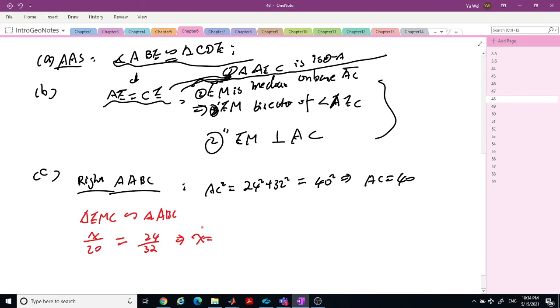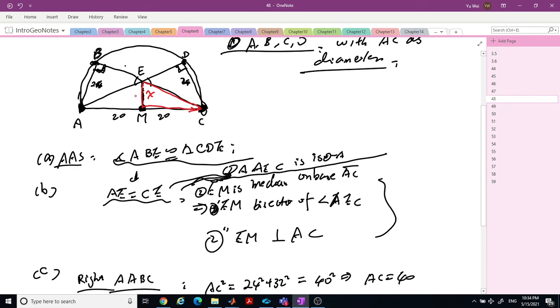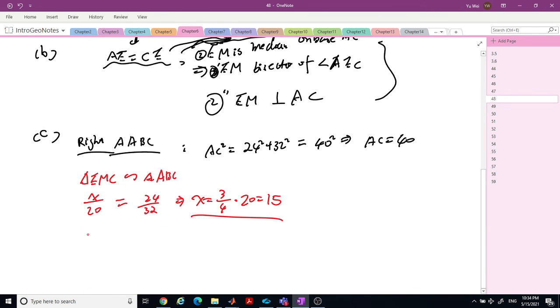This is 3 and 4, so X is 3 over 4 times 20, which is 15. Now X equals 15, so the area of AEC is half of 40 times 15, which is equal to 300.